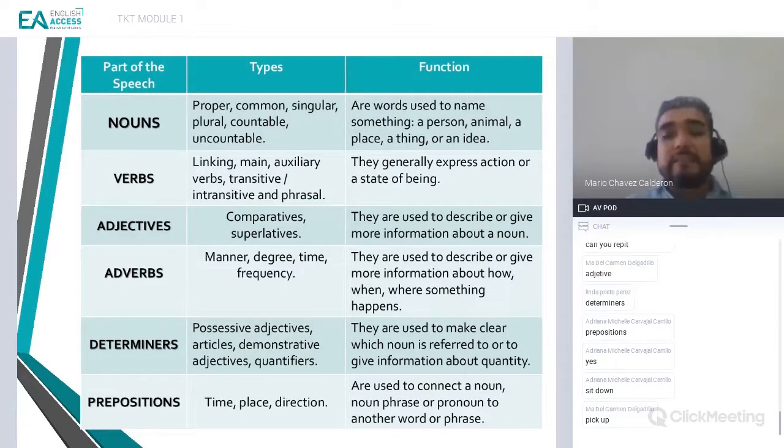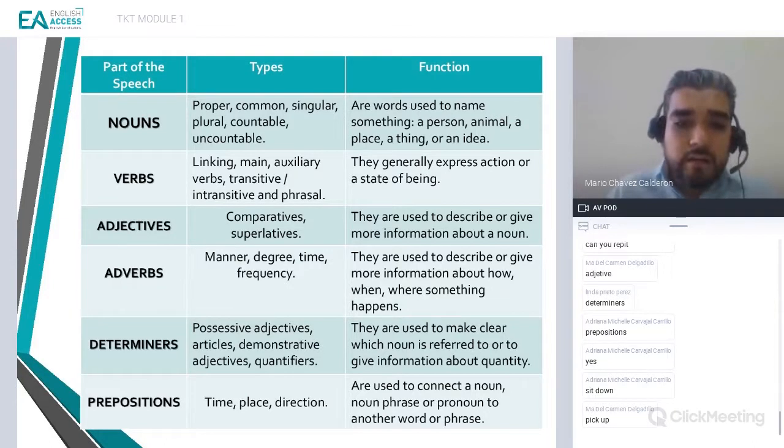So adverbs of degree tell us about the level that things are done, right? When you say, for example, that something is too loud, right? Or something is very loud, right? Adverbs of time, right? Like when you say early, right?